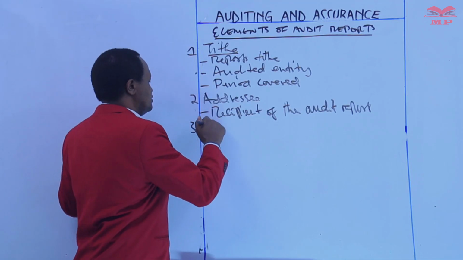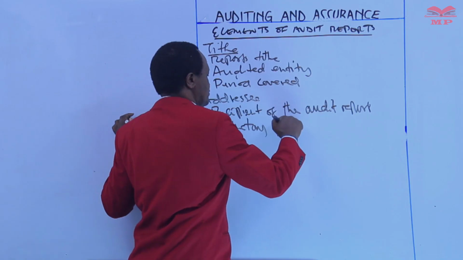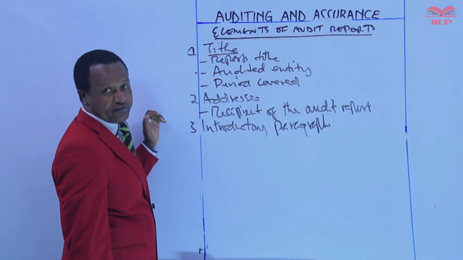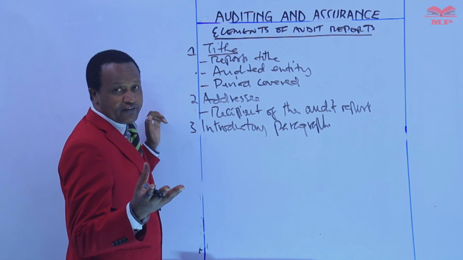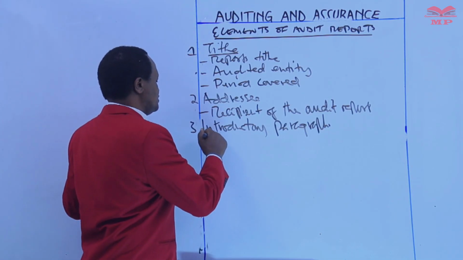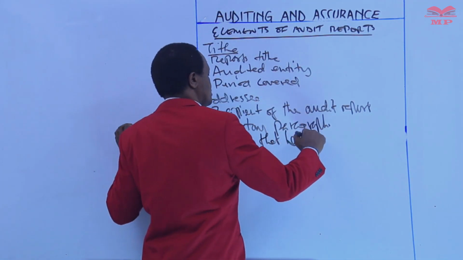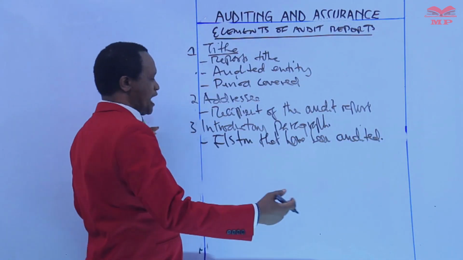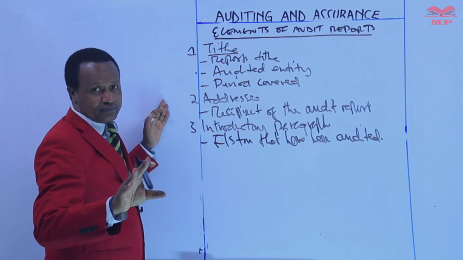3, you have introductory paragraph. Now, this paragraph identifies the financial statements that have been audited. You understand?